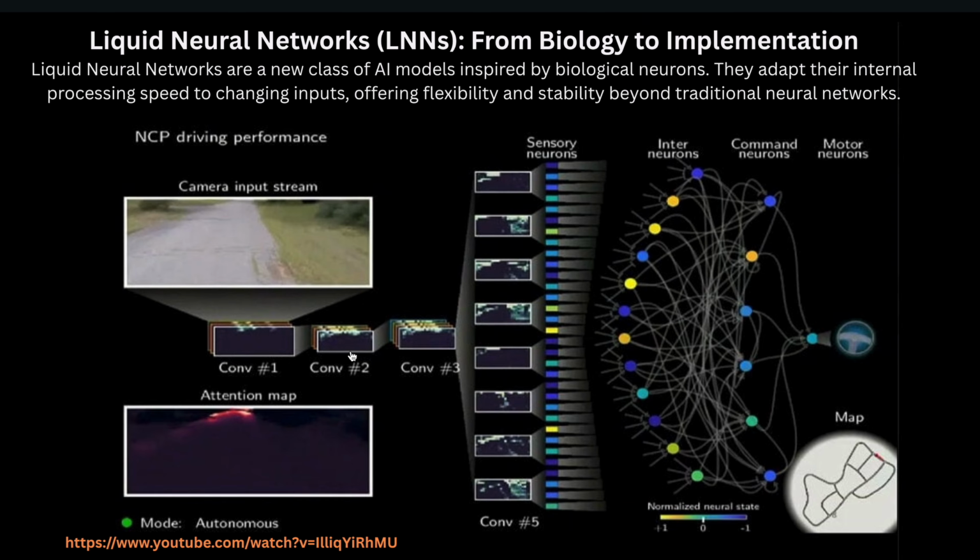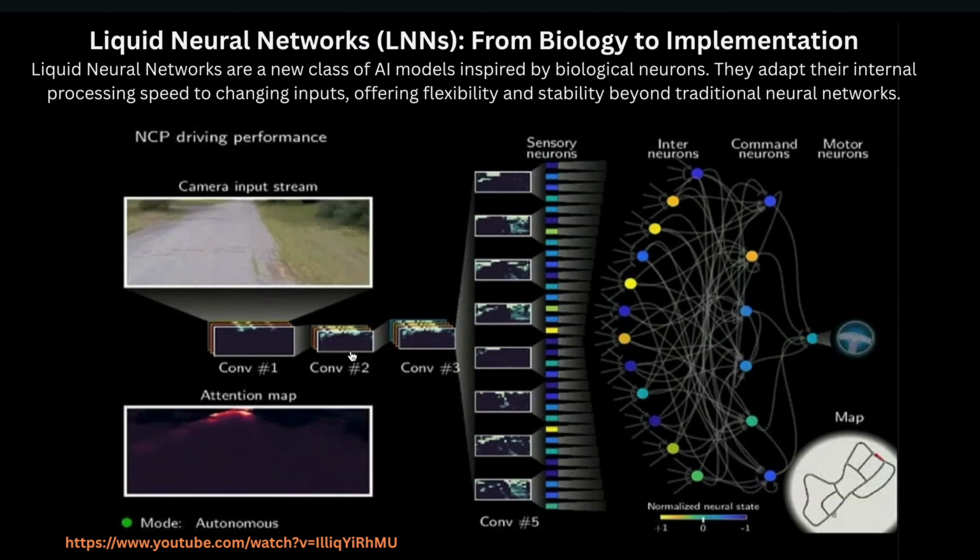Unlike standard networks, which have fixed operations for processing the input, LNNs, or liquid neural networks, use differential equations, and this is the very important part, the heart, I would say, of liquid neural networks.